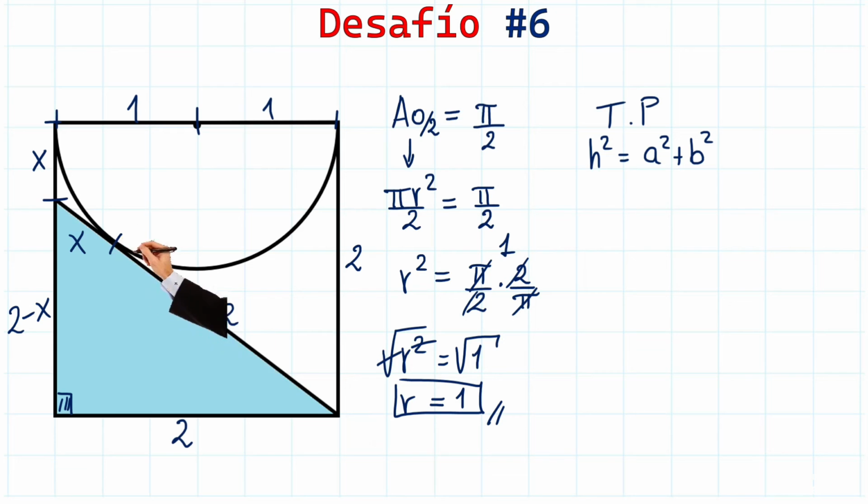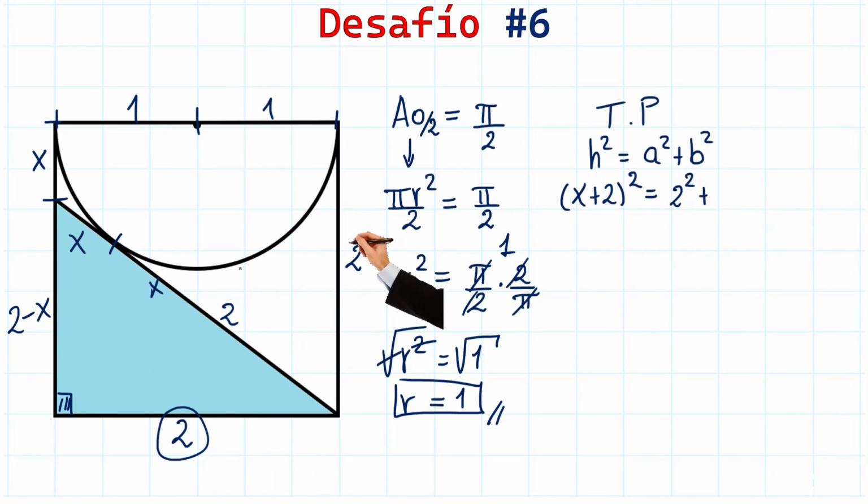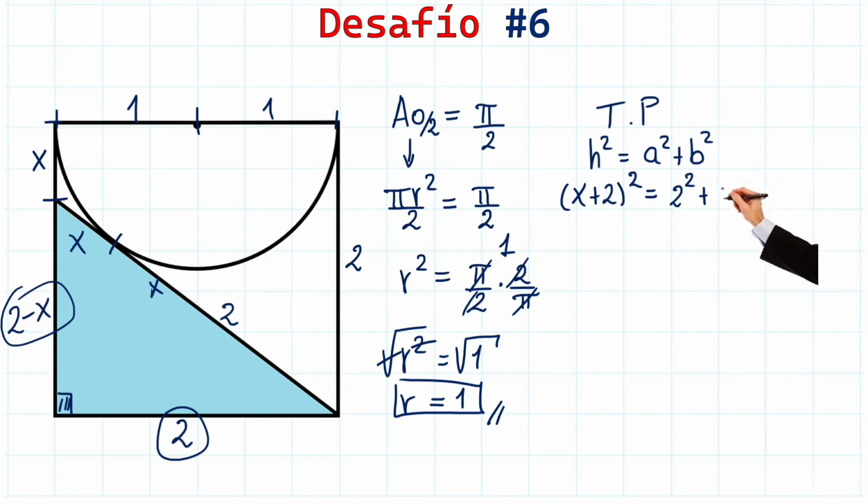From here to here is 2, and from here to here is x. So the hypotenuse is 2 plus x, or x plus 2. Then we have (x plus 2) squared, which will be equal to a squared plus b squared. Let's say it's this side, 2 squared, plus the other side, which is 2 minus x, squared.